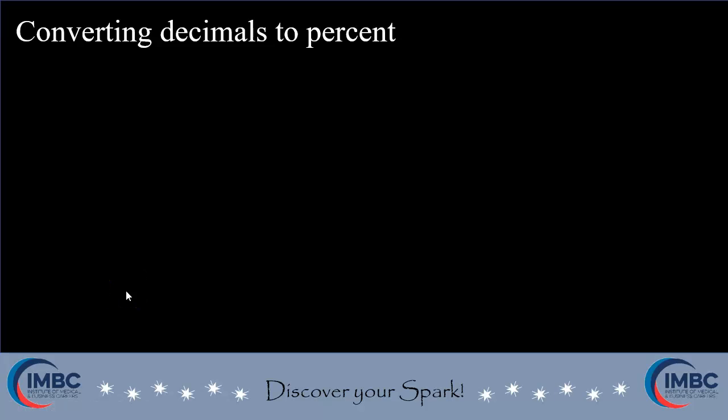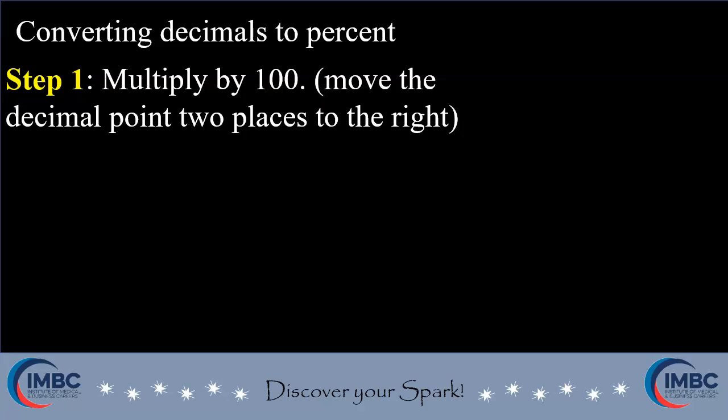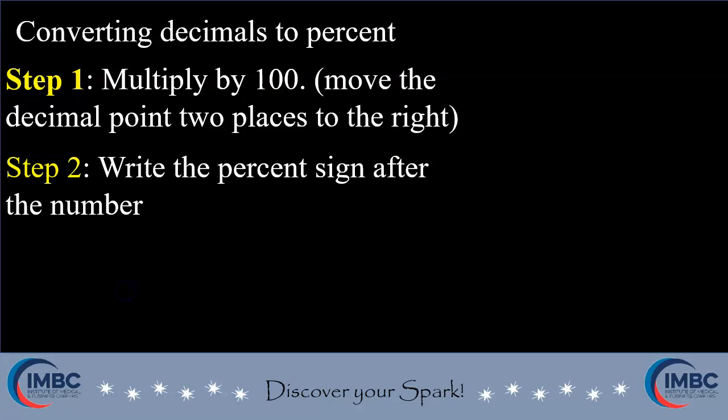Let's look at converting decimals to percent. Step 1. We multiply the decimal by 100. And to do that, it's really very easy. We can just simply move the decimal point 2 places to the right, and that's the same as multiplying a decimal by 100. Step 2, we write the percent sign after the number.